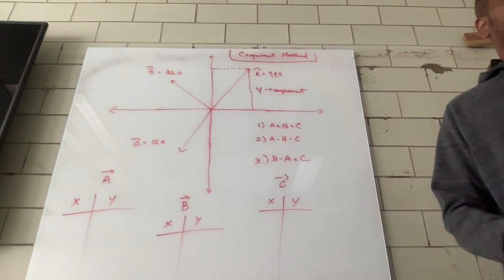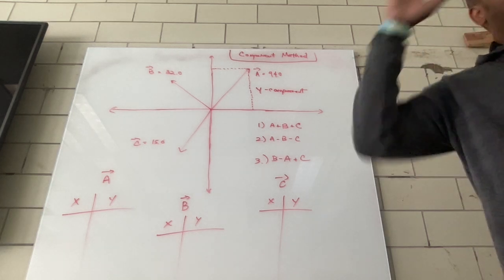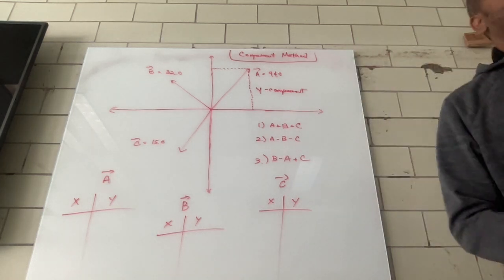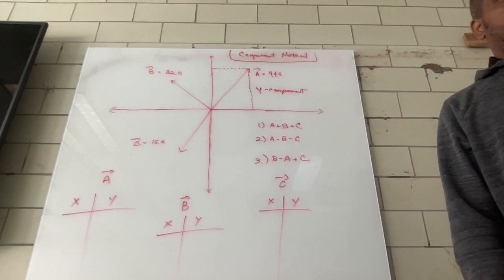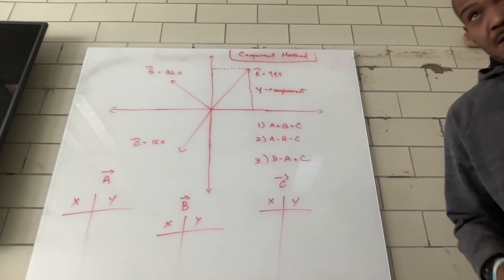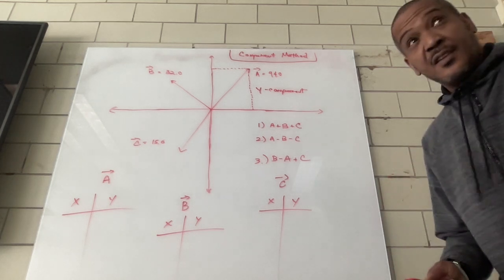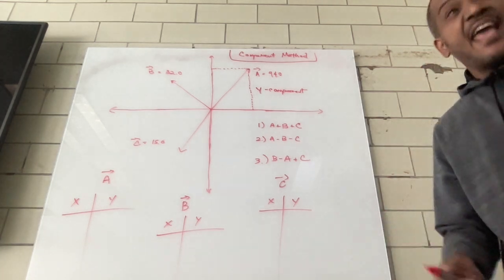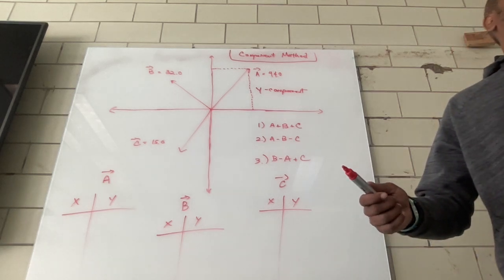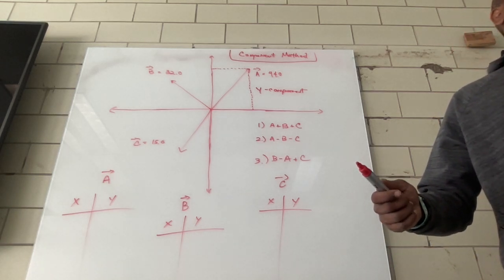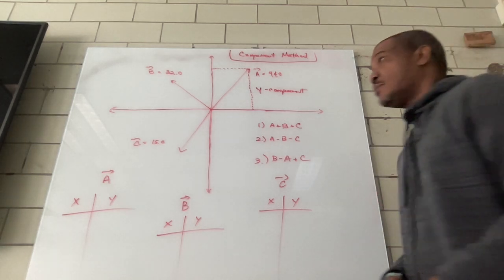What about that x component? Tell us what it is. Tell us the whole sentence. Tell us what it is measuring. How far the vector A goes in the horizontal direction.